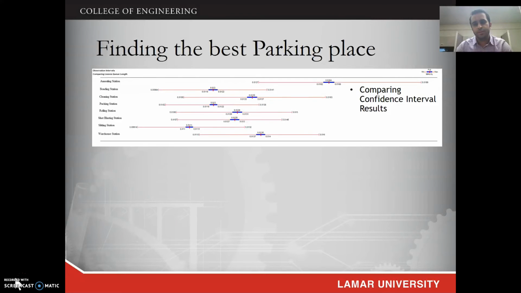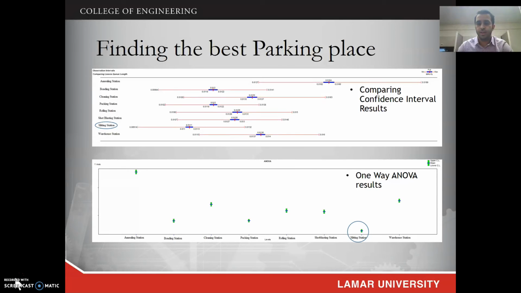One of the interesting subjects is finding the best parking place when our transporter is idle. We considered different scenarios, ran them and compared them in the Output Analyzer, and as you see, the slitting station has less waiting time, considering the waiting time in different leave modules.